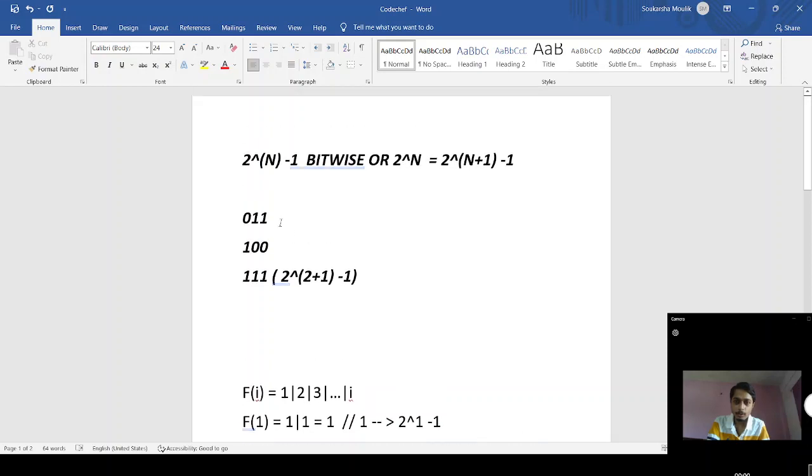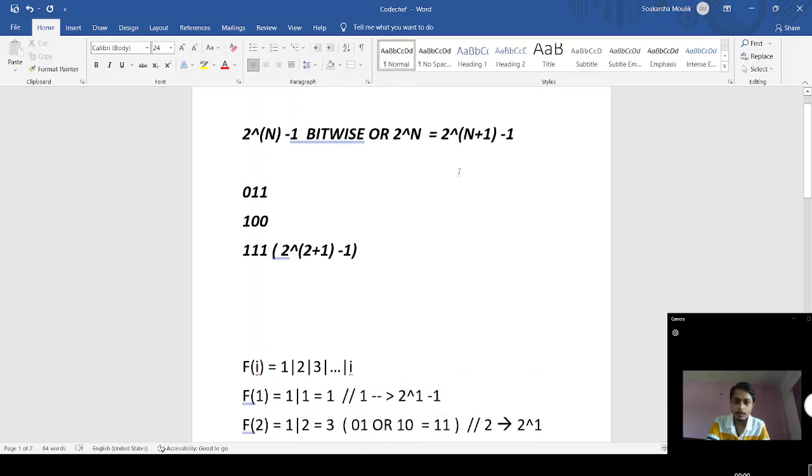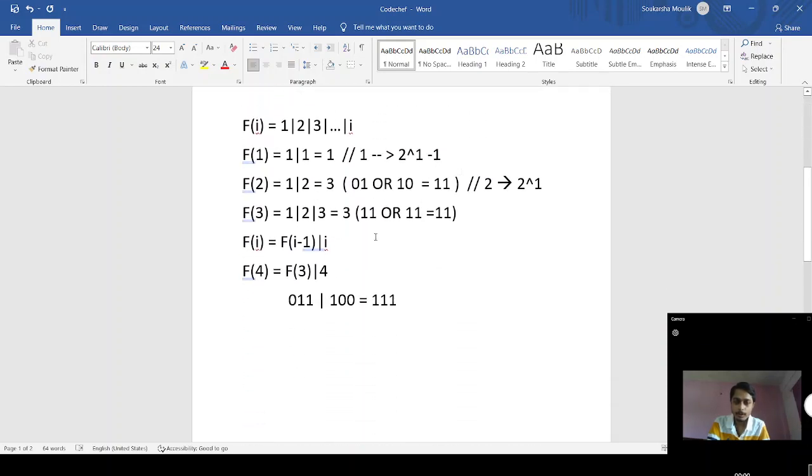You can see here 2 to the power n minus 1 ORed with 2 to the power n will give 2 to the power n plus 1 minus 1. So here it is 2 to the power 2 and this is 2 to the power 2 minus 1. So this will give 7. Now see the thing. If I do f of 4 ORed with 5, that is, if I calculate f of 5, the answer will come out to be 7 only.